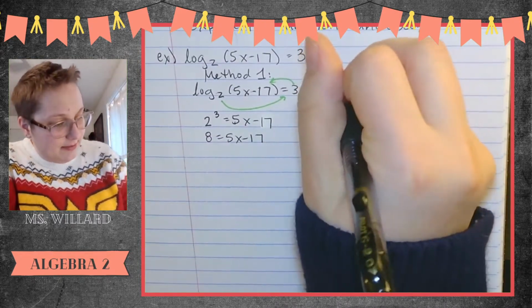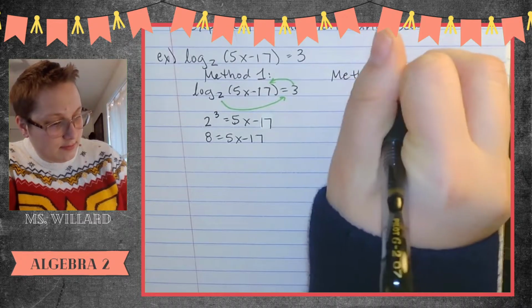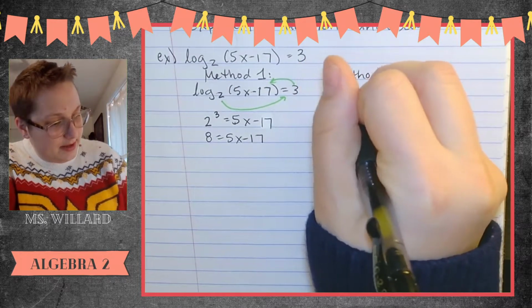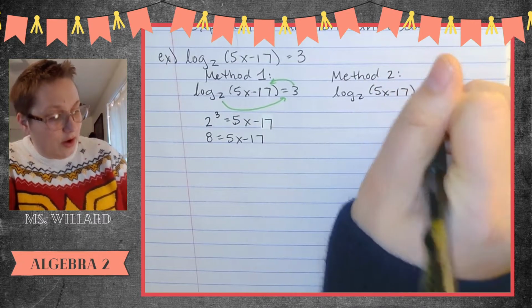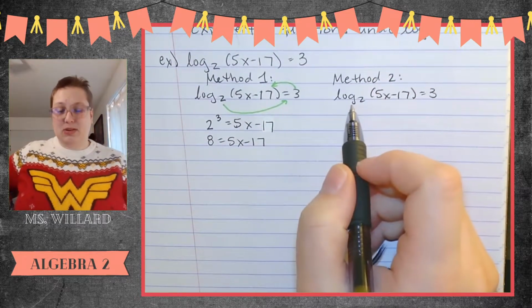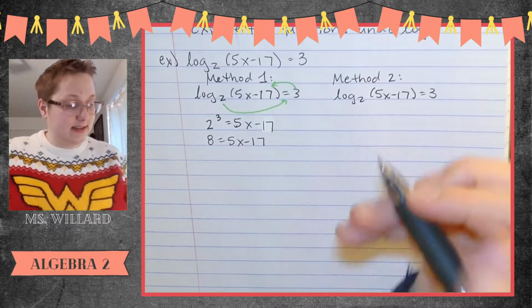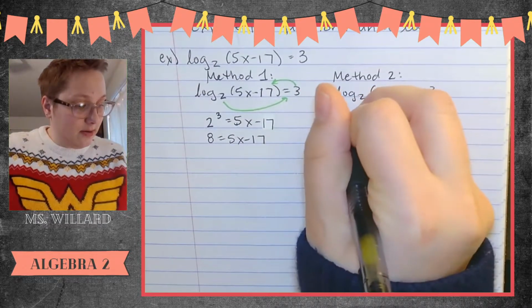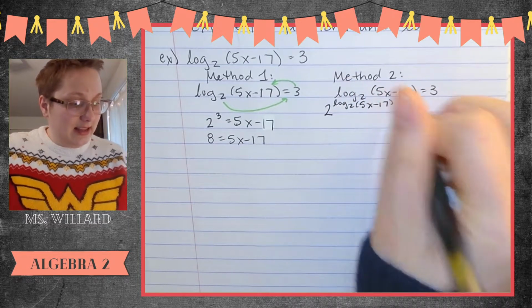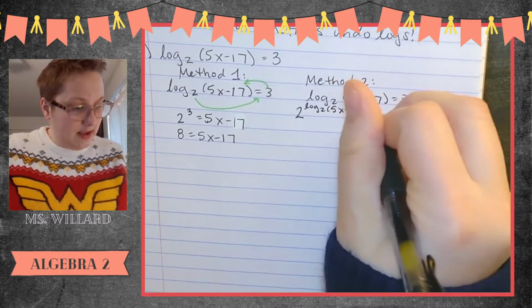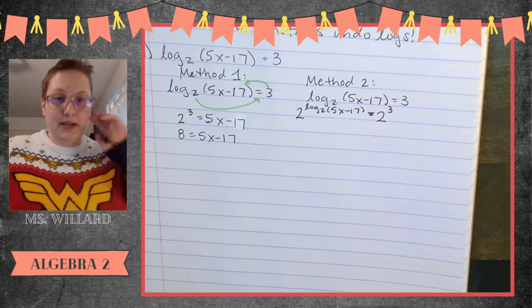Okay, my second method. This 2 is the base, so I'm going to do 2 to the power of both sides. So I'm going to do 2 to the power of log base 2 of 5x minus 17, that's just the whole left side, and I do 2 to the power of 3.